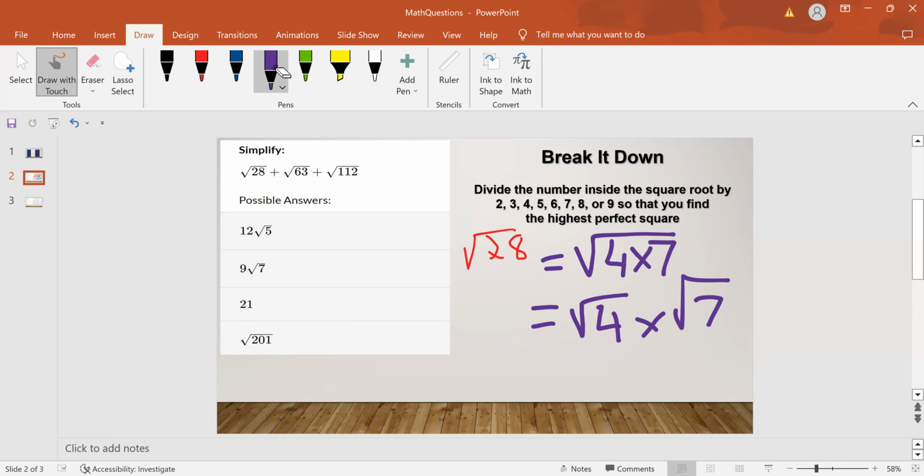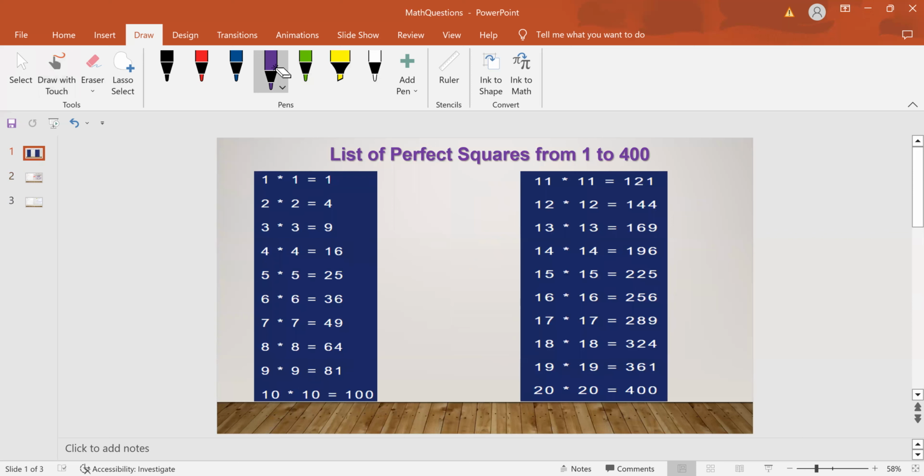But 4 is a perfect square. Because 4 is a perfect square, the square root of 4 will give me a regular 2 because 4 came from 2 times 2.